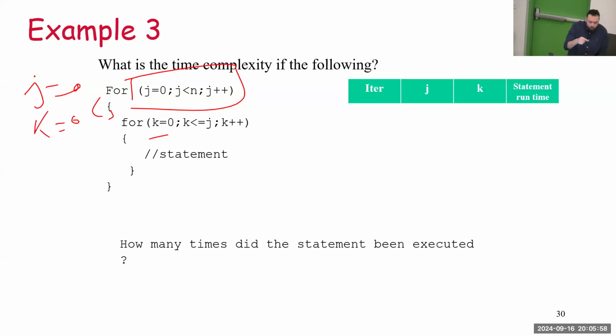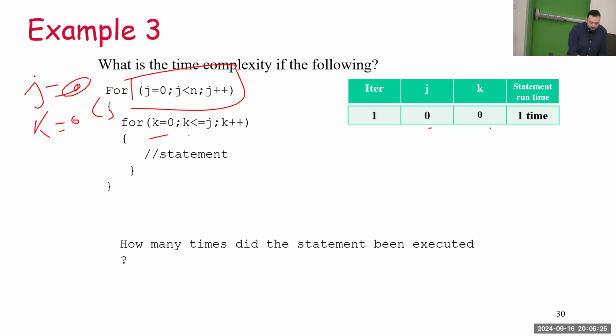Okay, how many times is it going to loop K? Here, J is 0, so it's not going to loop. Right? Do we know why? K has to be less than or equal to J. J is equal to 0. So what's going to happen? 0, 0. Or technically, it's going to loop one time because we started at 0. So it looped one time.